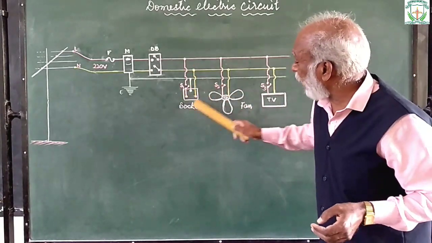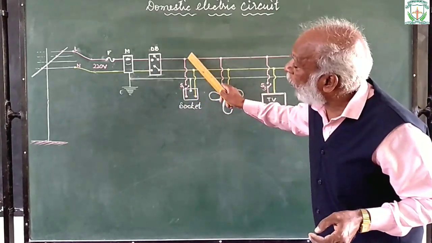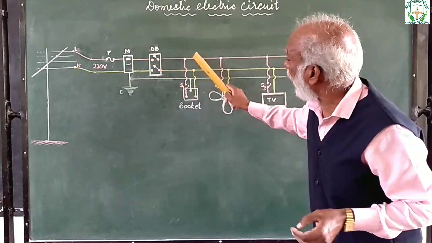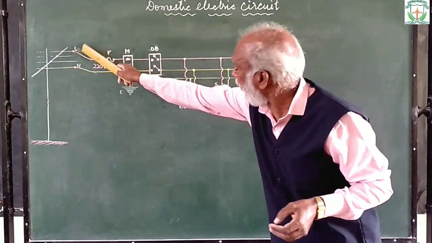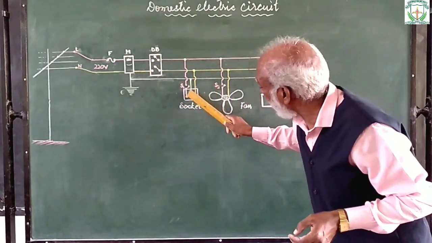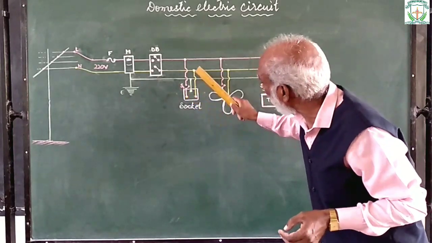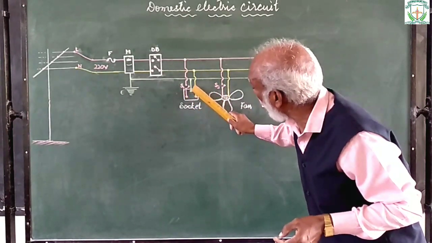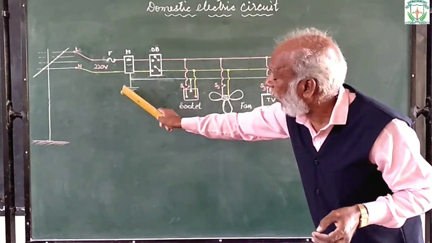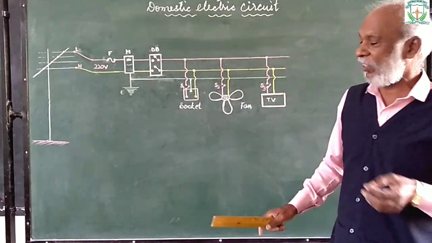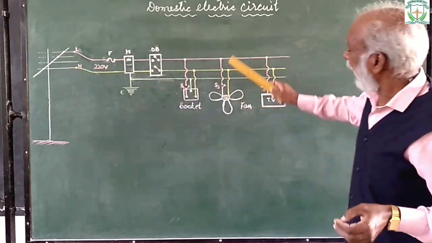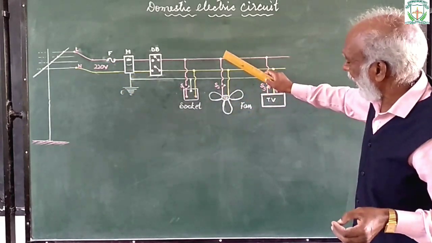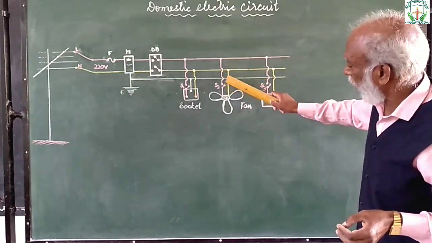The 3-pin socket, the red colored wire is the live wire, you see. Live wire is connected to this point, neutral is connected to this point, and the third point is the earth point, ground we say, ground or earth. Next you have a fan. So the live wire is tapped through a switch.